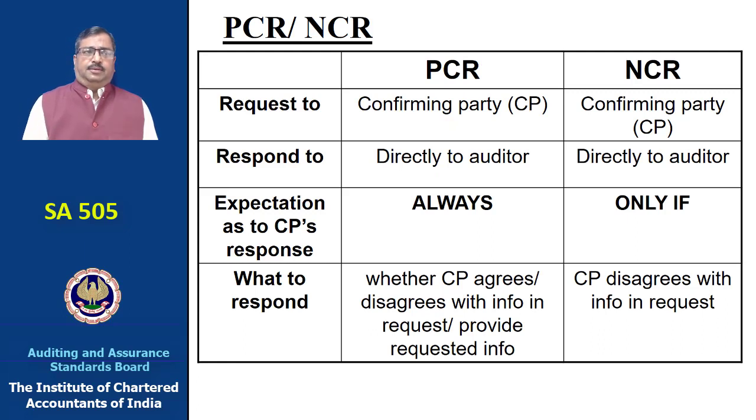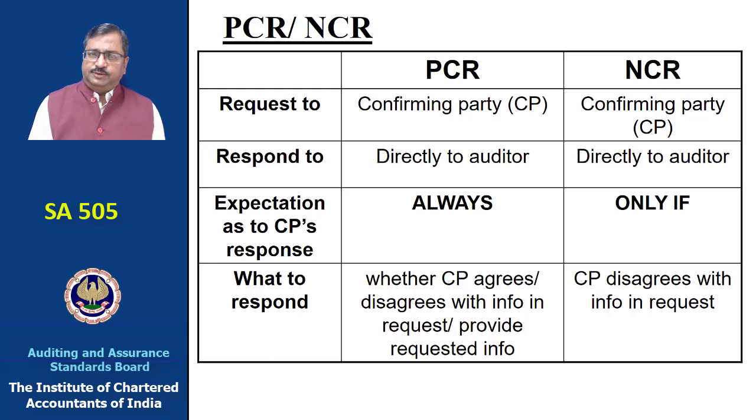There are positive confirmation requests and negative confirmation requests. What is a positive confirmation request? The auditor requests the confirming party to give the entire data, not by exception. He has to confirm positively that the data given is correct as per his records.